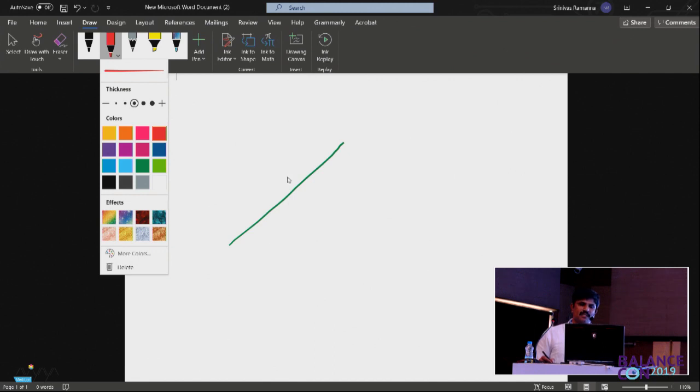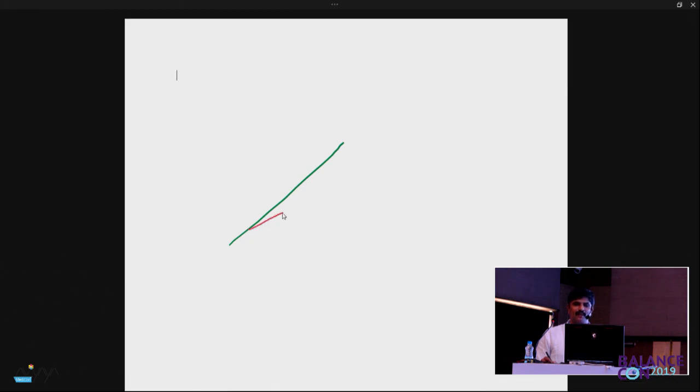Will it be steeper or lesser? Lesser, fine. So the eye will be moving something like this, slower than the target. How does it compensate? Again it tries to make one fast movement to reach that. Okay? So we see this kind of a thing.